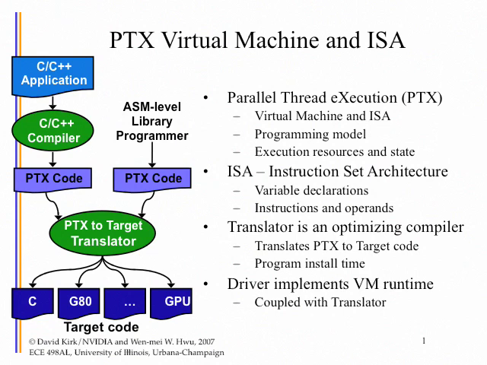So this gives NVIDIA more latitude in terms of implementation details going from one generation to the next. In that respect, it's a little closer to the Microsoft bytecode or the Java bytecode.